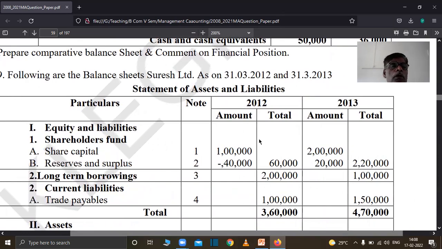Okay, this is the question. Following are the balance sheets of Suresh Limited as on 31st March 2012 and 31st March 2013.